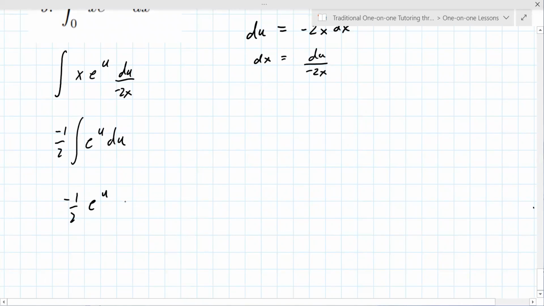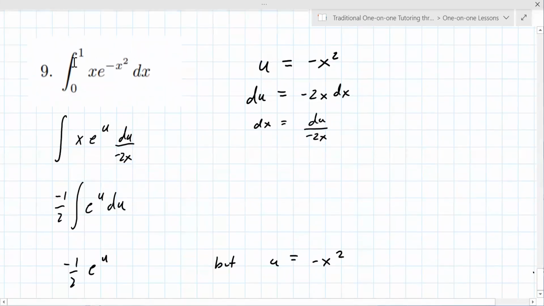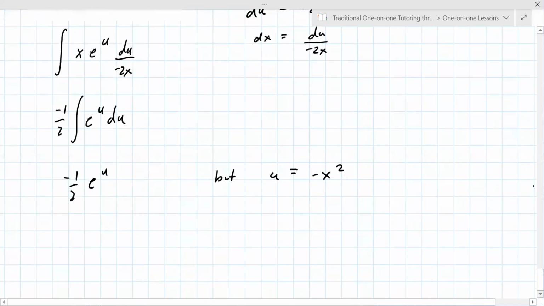Now it would be plus c, but we know that u is -x squared. When you take the antiderivative, we normally write plus c, but we know our u, and we know these are bounds. So that's the danger of not carrying them through the problem. So you just do the one, at 1, at 0 here. Well, it's e to the -x squared from 0 to 1.